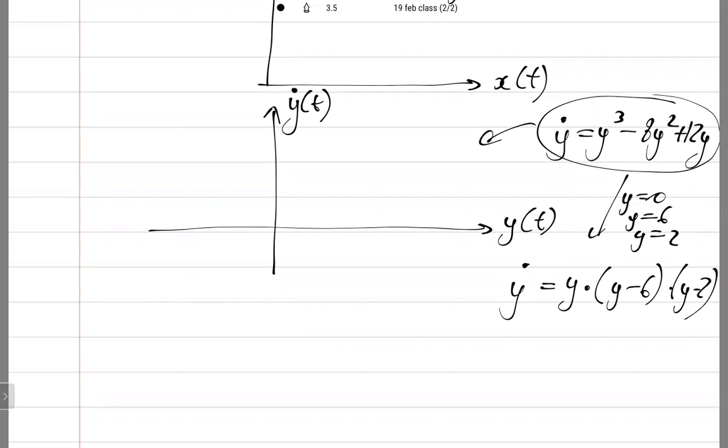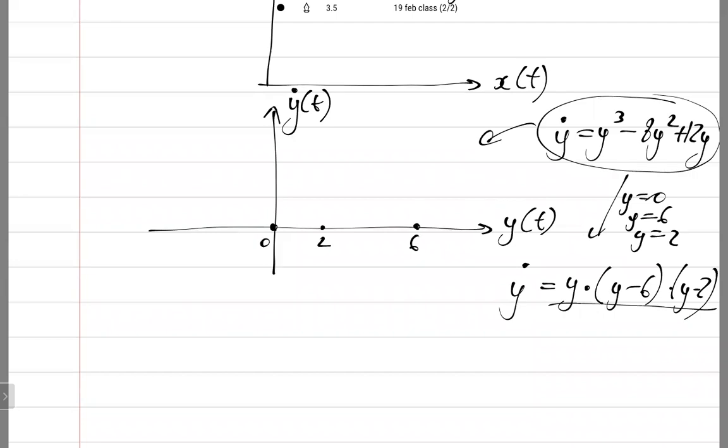I agree that if we know the roots of this polynomial, then we can freely factor our function. And if we have a factorization, then we can just write 0 there, 2 there, 6 here, and we can draw this function.